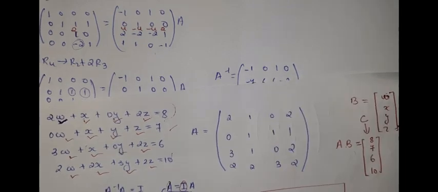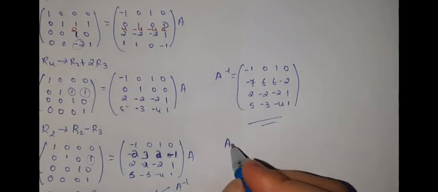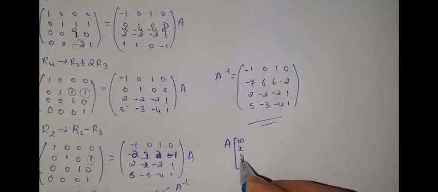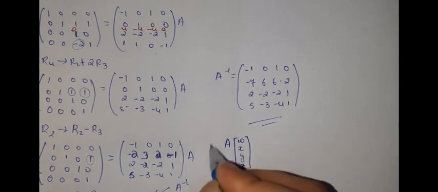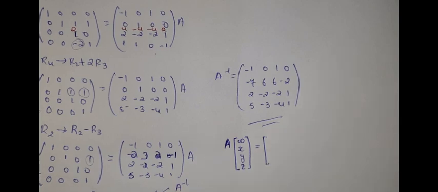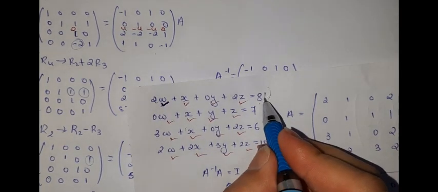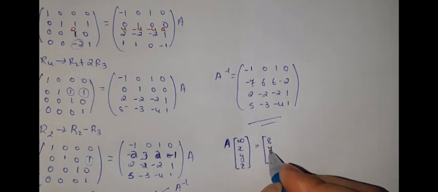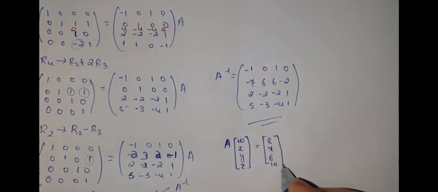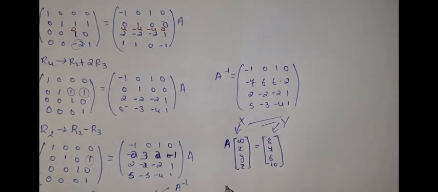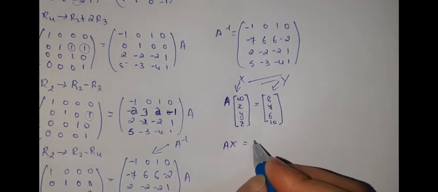This is the A matrix, A multiplied with w x y z, that whole matrix, will equal this, 8 7 6 10. Let me say this is x, this is y. So A into x equals y.